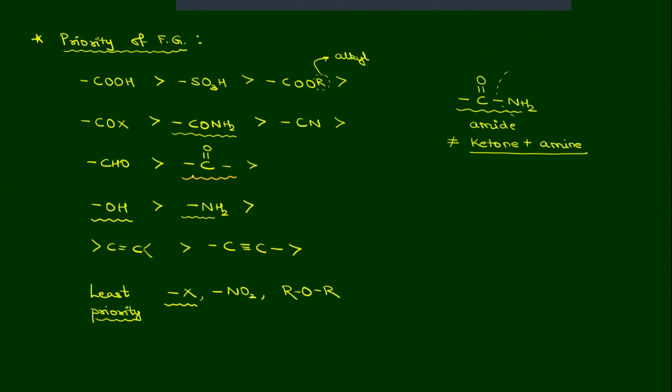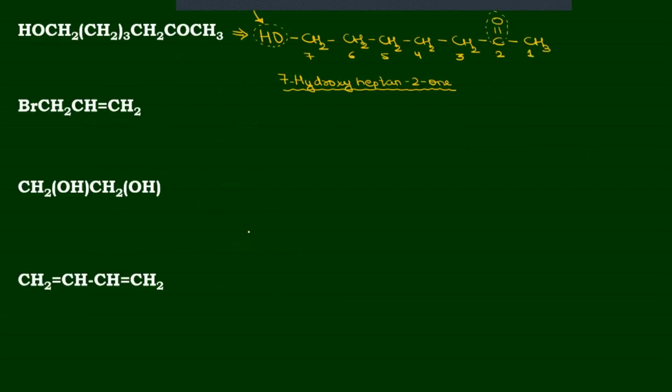Which has higher priority? Halide is X, right? So now, should numbering be done from left or right?